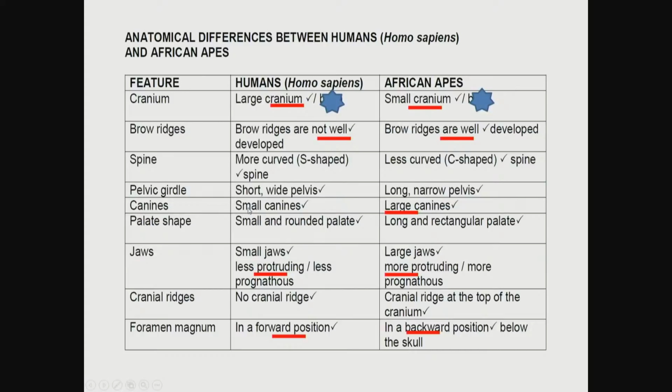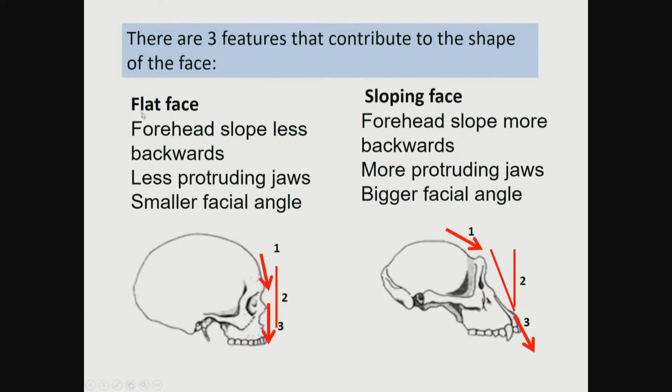So remember now, not short canines and long canines, small and large. Now in this case, a flat face and a sloping face is the same as less protruding jaws and more protruding jaws. So if you use sloping face, you can't say a difference is sloping face and more protruding jaws. That is the same concept.